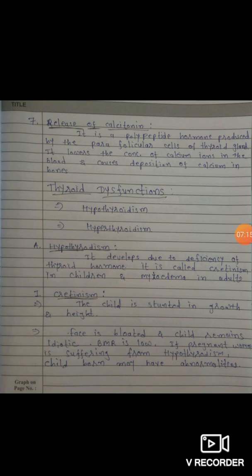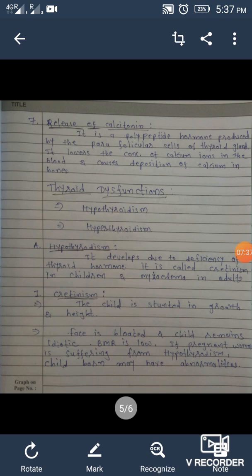As I told you, it will decrease the level of thyroid hormone, and if it happens in children, then it is called cretinism, and if it happens in adults, then it is called myxoedema. There are two names. Now what happens in cretinism?